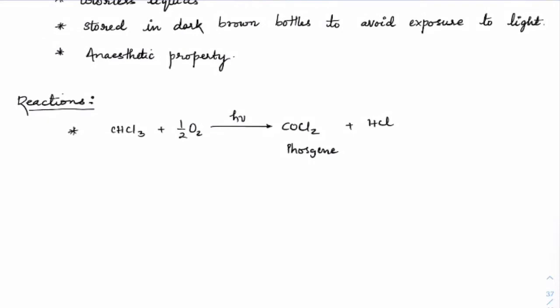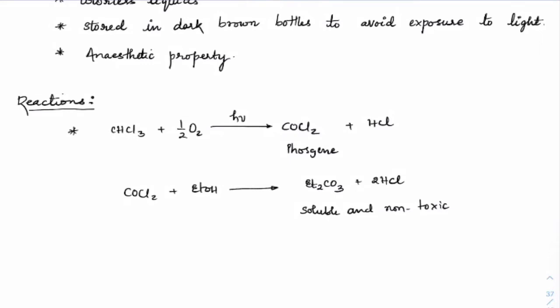So to keep the chloroform stable, we add some amount of ethanol. So what does ethanol do? Ethanol will react with the phosgene and replace both those chlorines with ethyl groups and form diethyl carbonate and 2HCl. This is completely soluble and non-toxic.